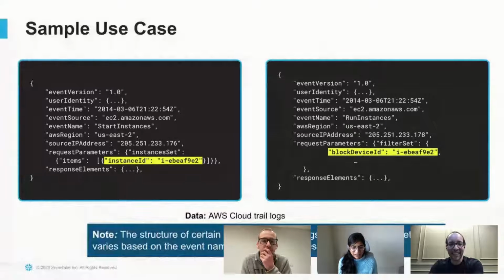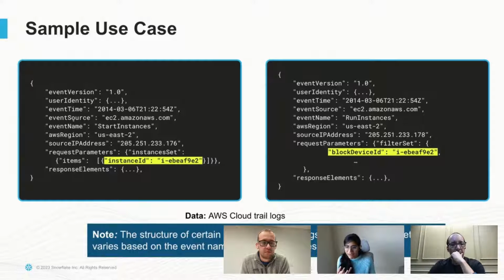A sample use case. We picked a use case from the cybersecurity industry. Here, this customer has their logs stored in AWS CloudTrail. The interesting thing about these logs is that the structure of some of these fields, for example the request parameters that we have highlighted, vary subtly based on the type of event.